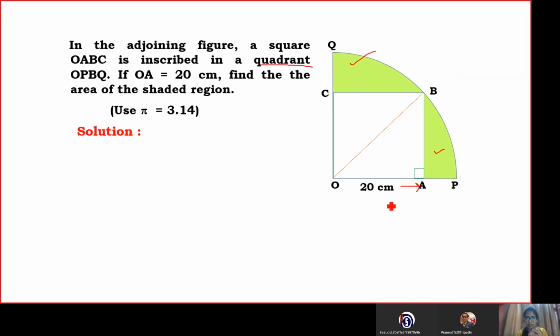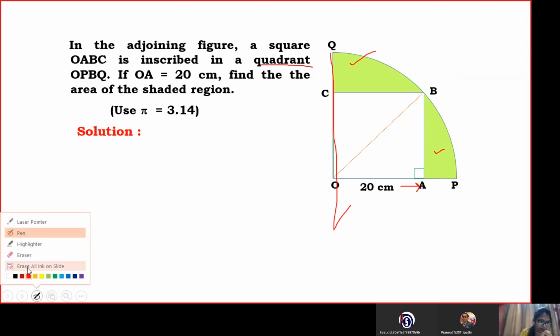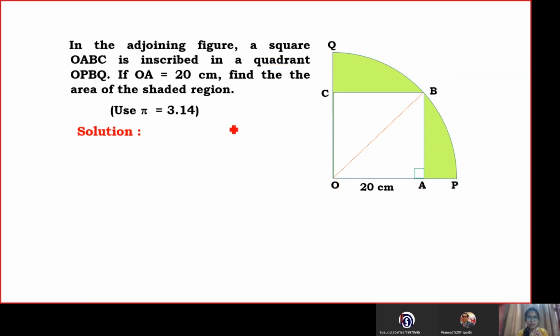Can I say it will be area of this quadrant minus area of this square? I'll repeat. Area of this quadrant minus area of this square. Right? So how are we supposed to do that now? Before finding out the area of the quadrant, I need to know the radius. How will I find out the radius of this quadrant? We know that the side of the square is 20. So this side will also be 20.